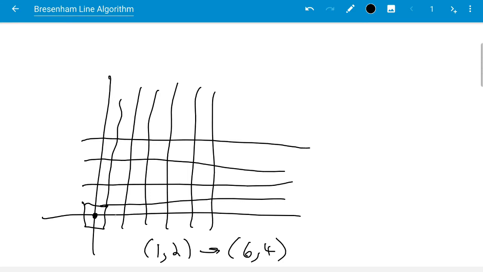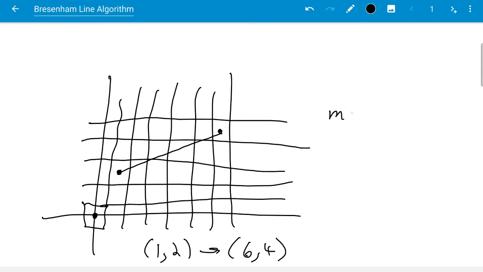So where are those points? 1, 2 starts here, and 6, 4. 1, 2, 3, 4, 5, 6. 1, 2, 3, 4. All right, there we are. Between these 2 points.